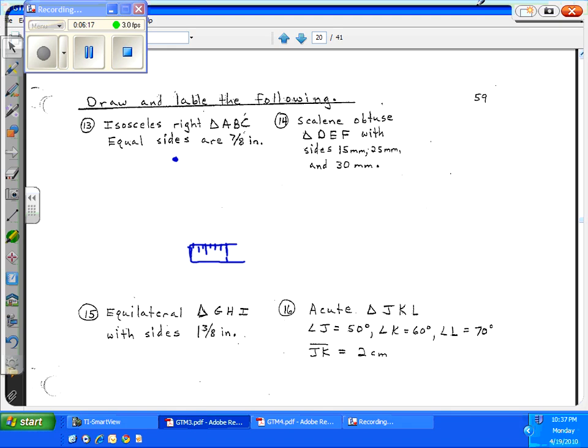And what you would do is get your compass, it's your circle maker, and you would open it up to 7/8. And then you would take your compass from this point. You'd put your pointy part there and your pencil here, and you would mark, make an arc that's 7/8 of an inch.